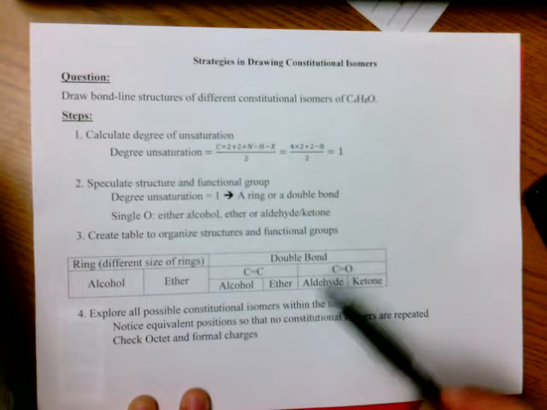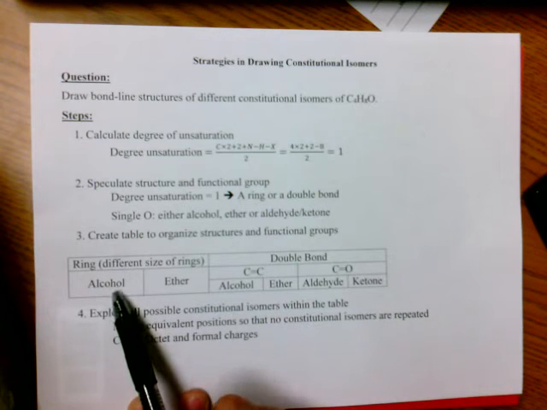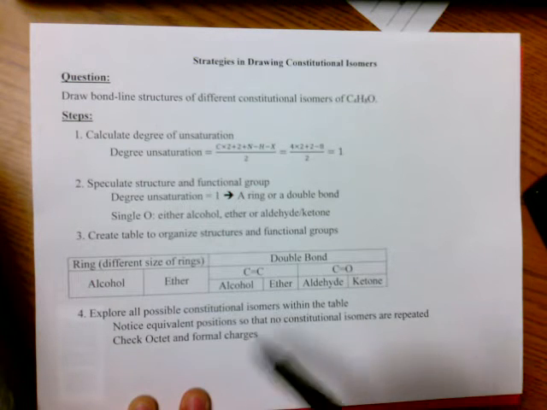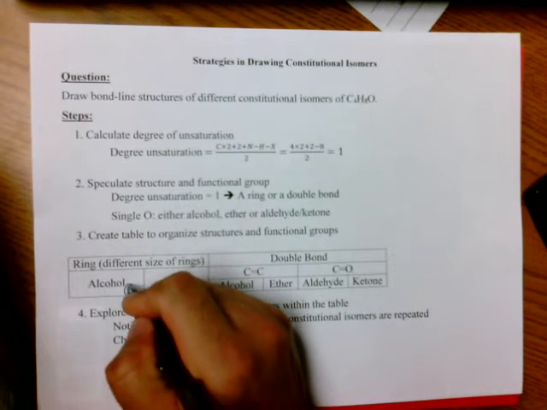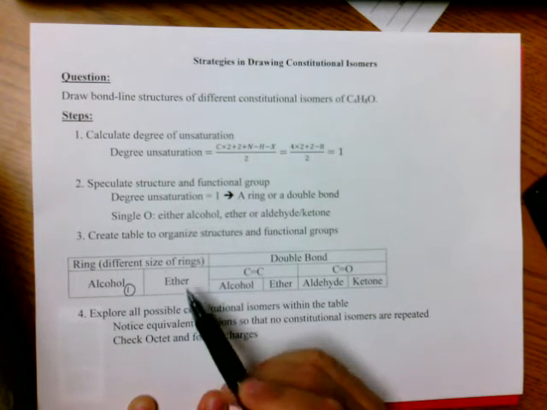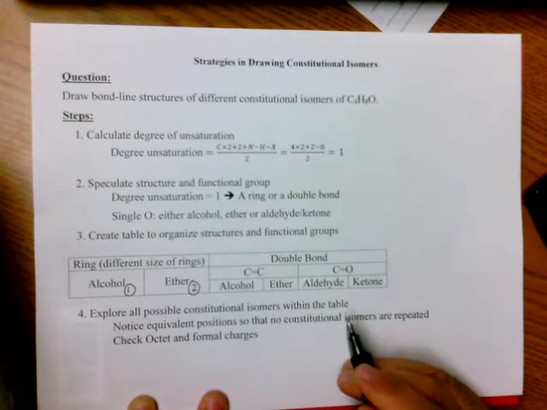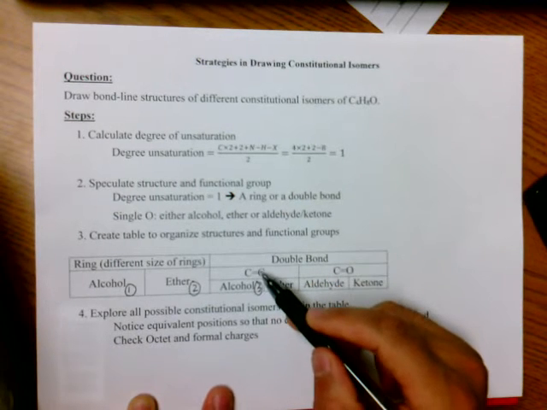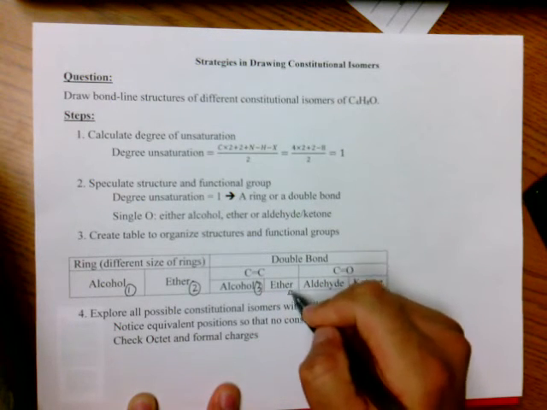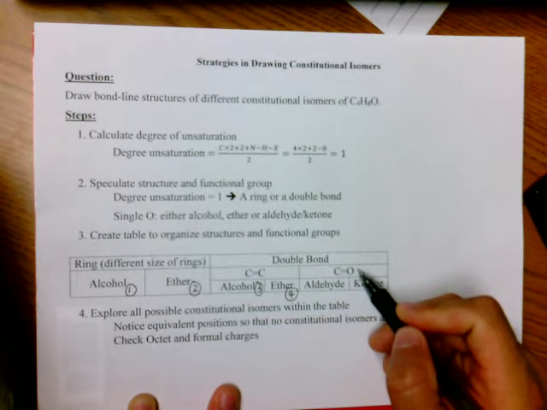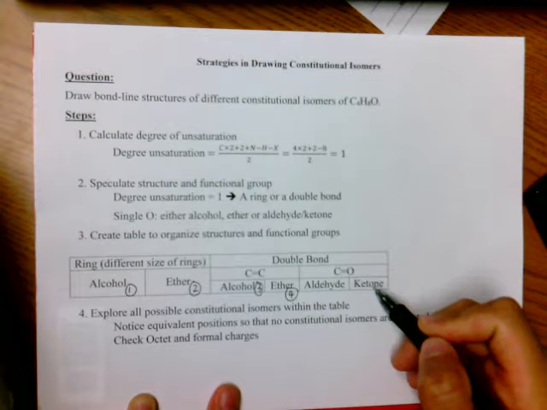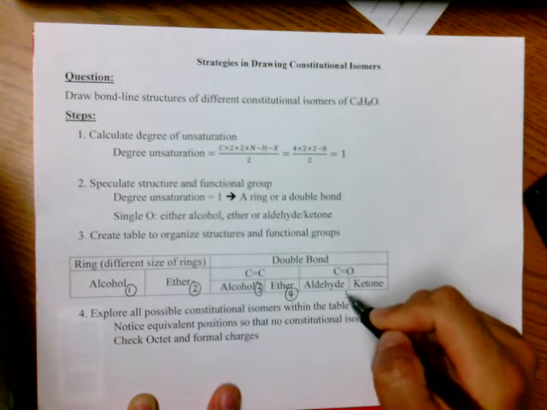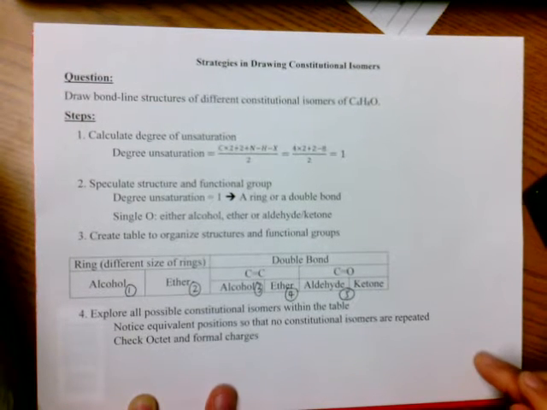And we remember we also have oxygen, which means we may have an alcohol or an ether. So a ring and alcohol is our first small category, a ring and an ether is our second subcategory, a carbon-carbon double bond and alcohol is number 3, and a carbon-carbon double bond with ether is number 4. A carbon-oxygen double bond can be either aldehyde or ketone, since we do not have many different possibilities in this specific molecule, so let me put them together as category number 5.